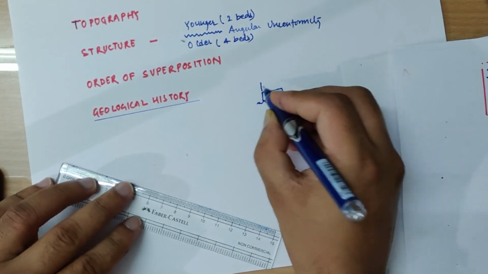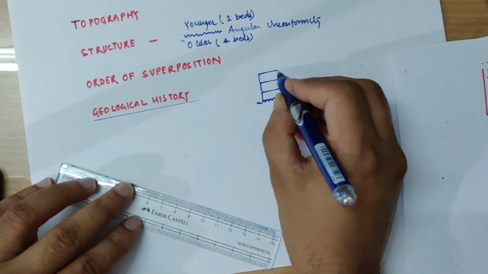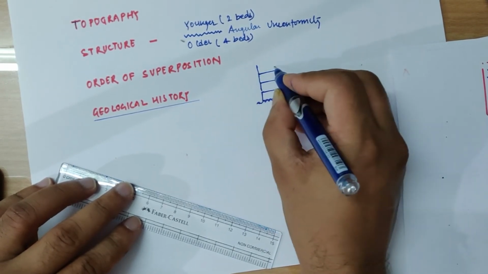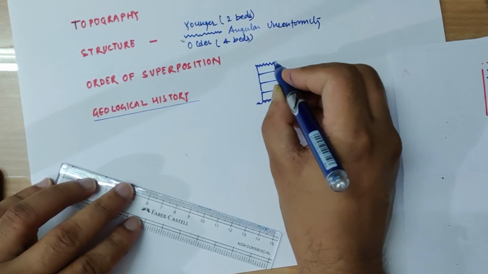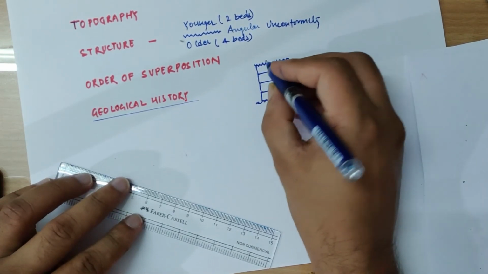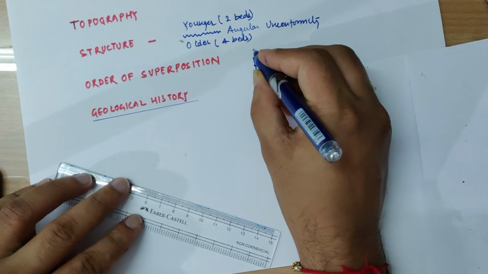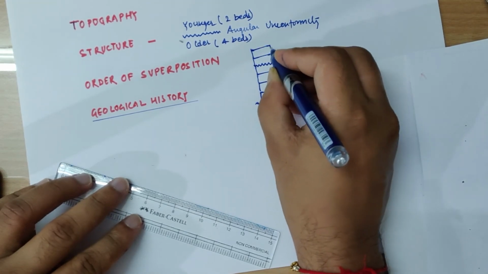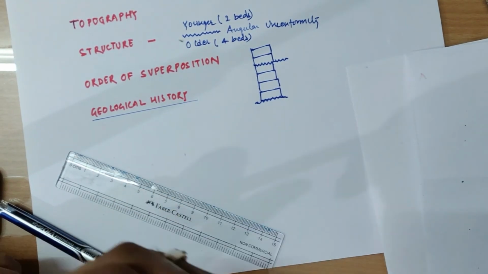Then we have bed number 2 of the older sequence, then bed number 3, then bed number 4 of the older sequence. The upper surface of bed number 4 is represented by an unconformity. Then we have bed number 1 and bed number 2 for our younger sequence, and we have to fill the symbols over here as well.